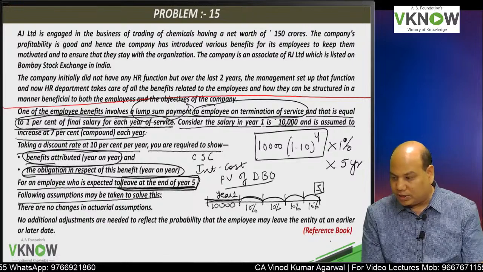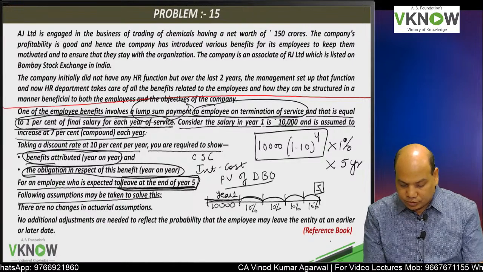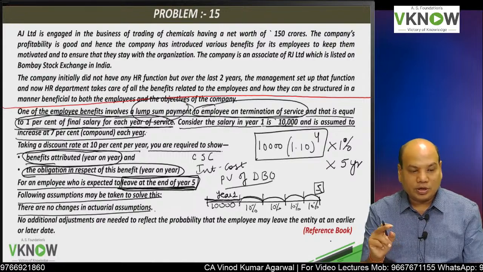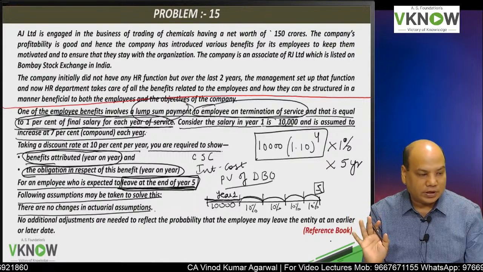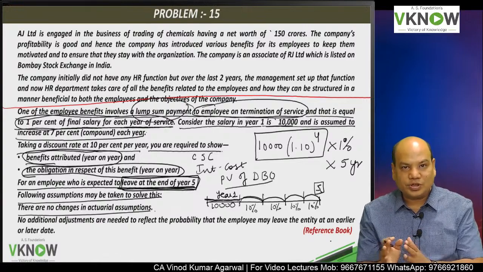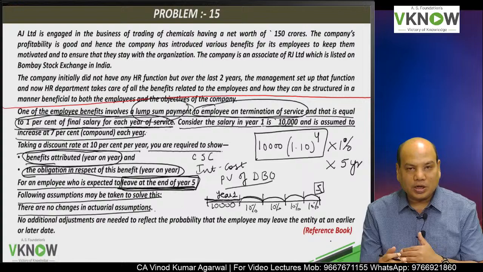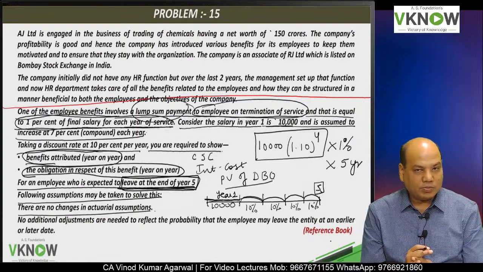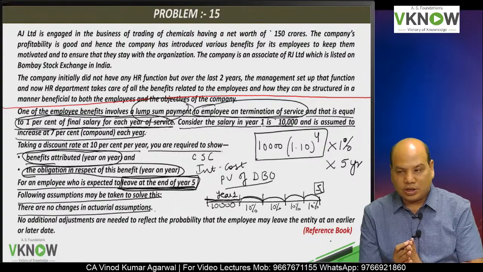Following assumptions may be taken to solve this. There are no changes in the actuarial assumption. Actuarial assumption remains same for all the 5 years. At intermediate level, they are not going to ask questions where the actuarial assumption will change after some point of time, because then the question will become a little more complicated.